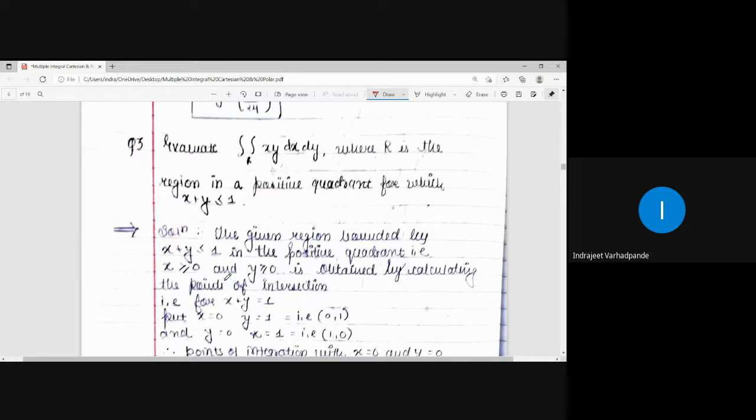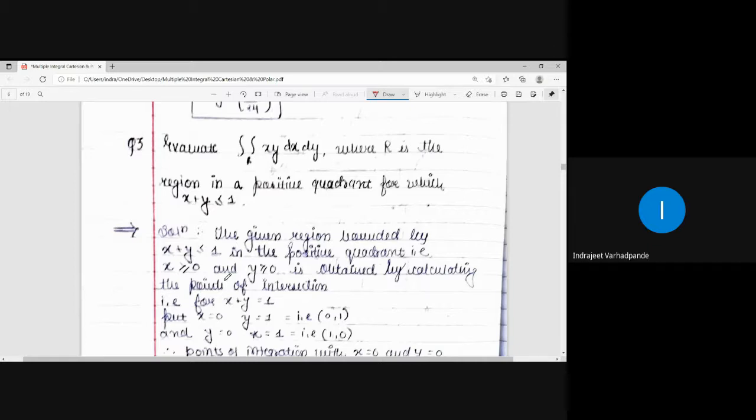Once the region is interpreted, I will be drawing the strip. It is my choice whether to opt for a horizontal strip or a vertical strip. Depending on that decision, I will then get the limits of integration, and finally the evaluation will be done so as to get the desired answer.